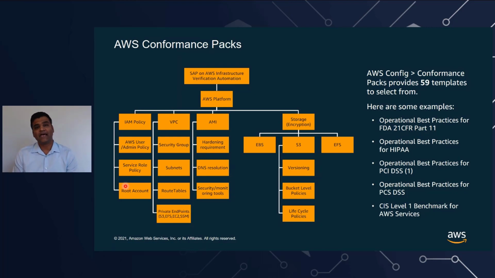So if somebody goes ahead and launches an EC2 instance, then AWS Config Service will get the notification. It will check that event with what you have configured, and it can even stop or even terminate that EC2 instance. The other example is, of course, an AMI, right? So you want to make sure that whenever an SAP user or platform team launches an EC2 instance, they're only allowed to launch through a specific AMI ID, right?